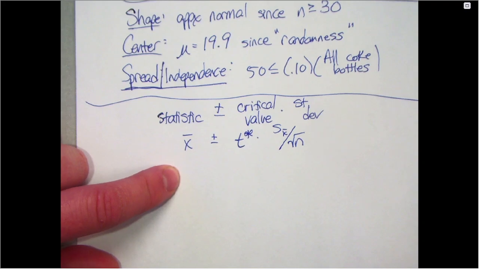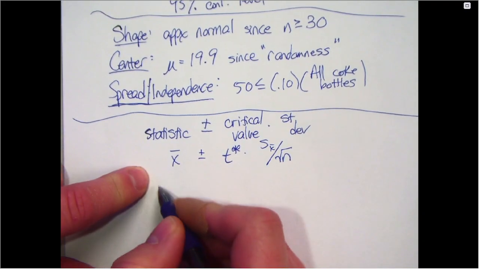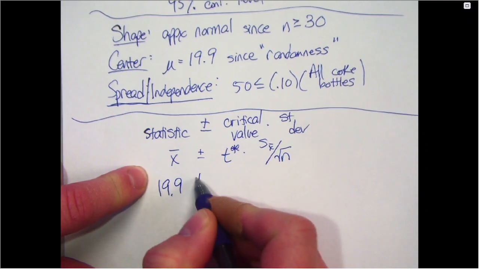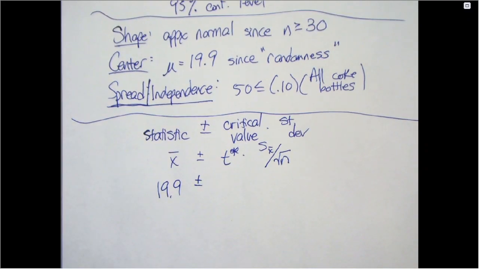So our x bar is 19.9, right? T star, so we found this yesterday, so grab your calculator if you don't have it out. Yesterday I gave you that printed sheet and we found t sub 10, t sub 50. Remember it's inverse t.